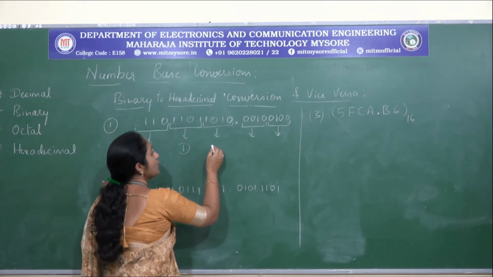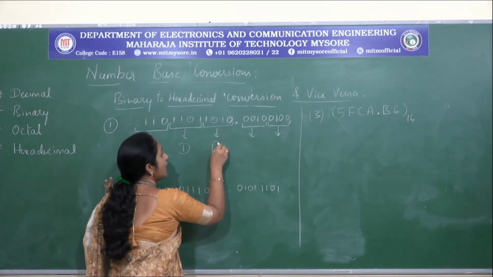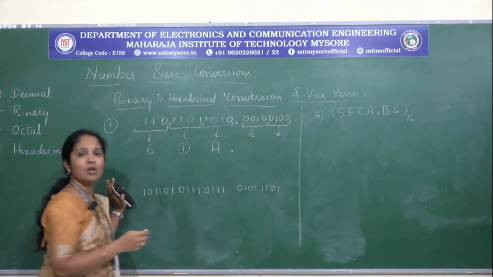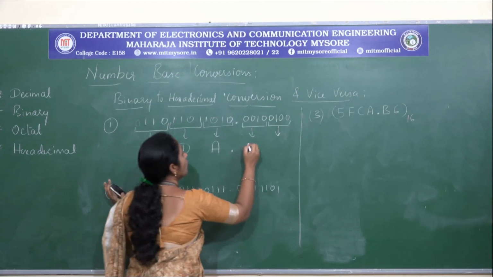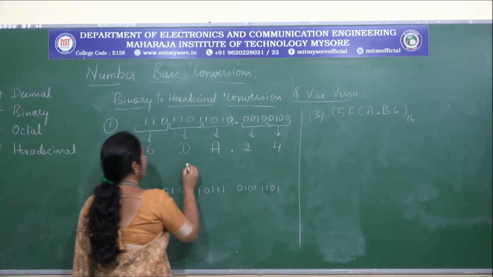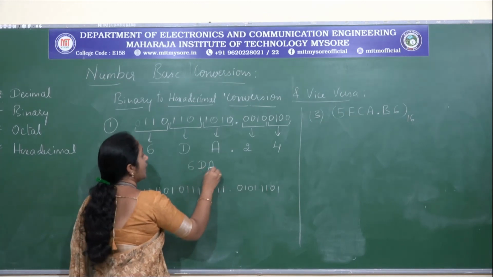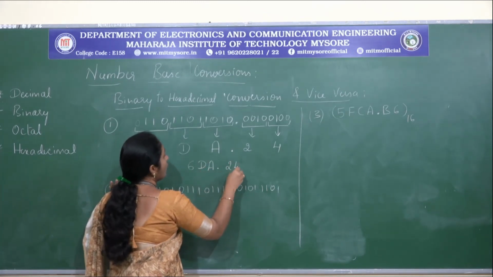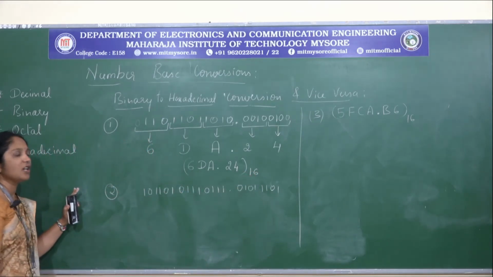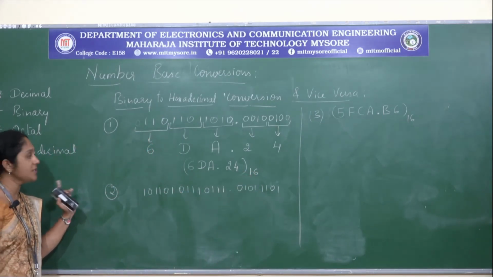Next we have 1 0 1 0, which is 10, and 10 is A, dot, next 0 0 1 0 is 2, next 0 1 0 0 is 4. Therefore 6 D A dot 2 4 is the equivalent number for the given binary sequence in the hexadecimal number system.